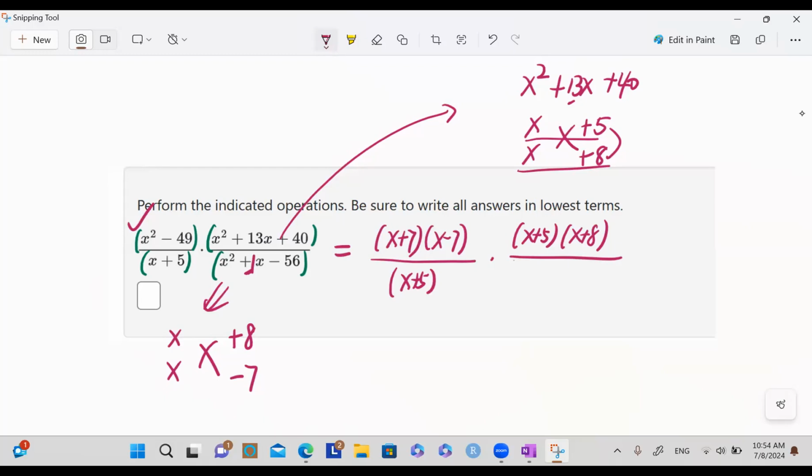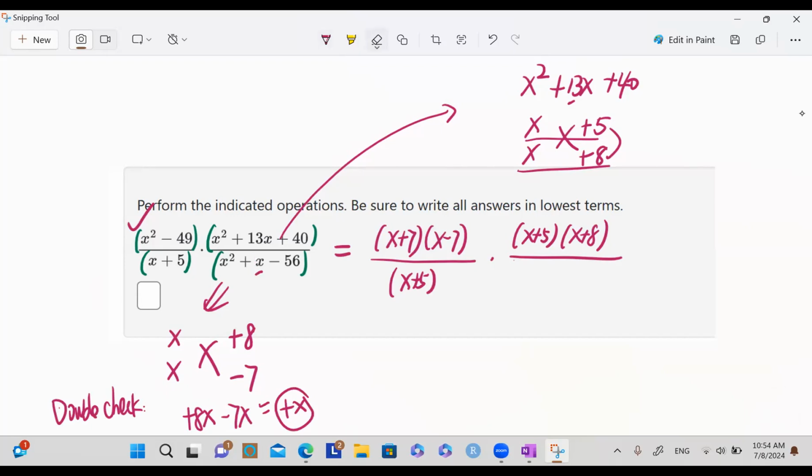Then we can also double check. Always double check with cross multiplying. Plus 8 times x is 8x, minus 7 times x is minus 7x. You combine them and end up with plus x, which is the middle term, and that's what we want.